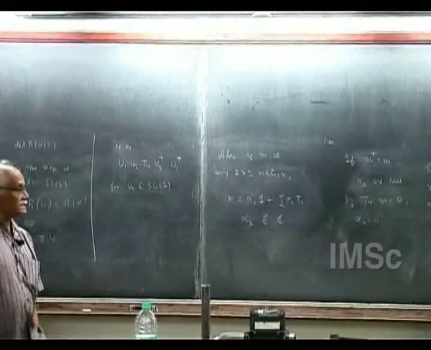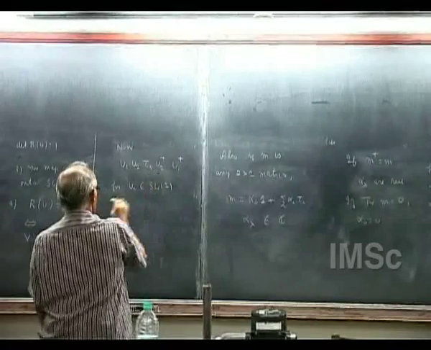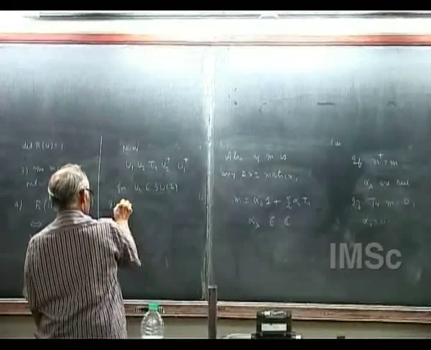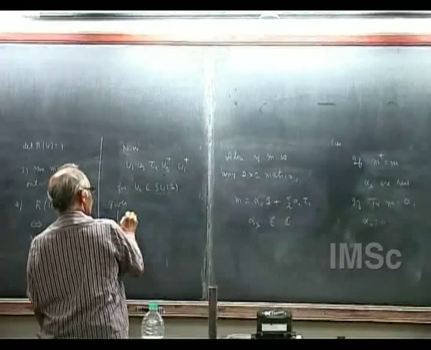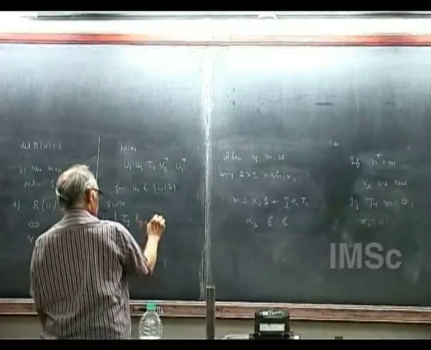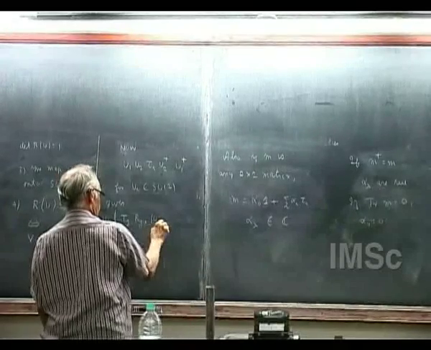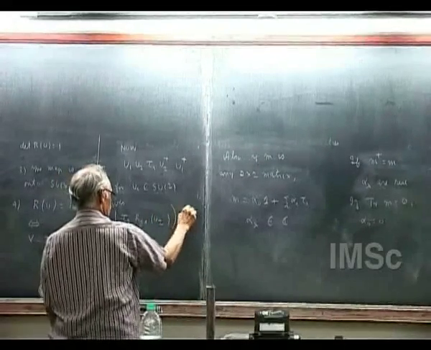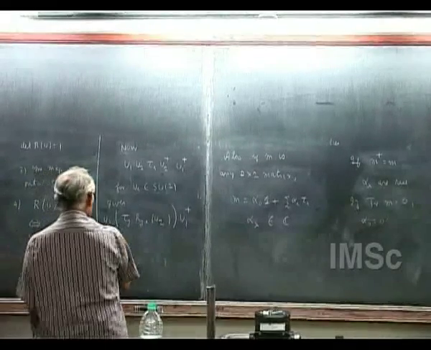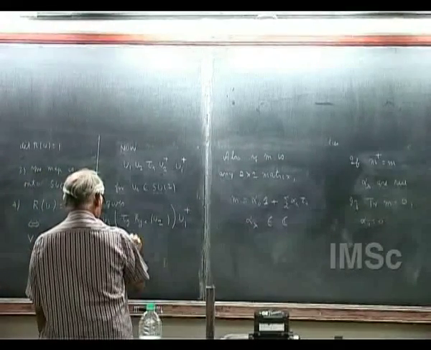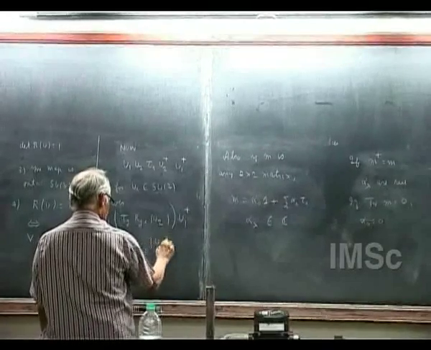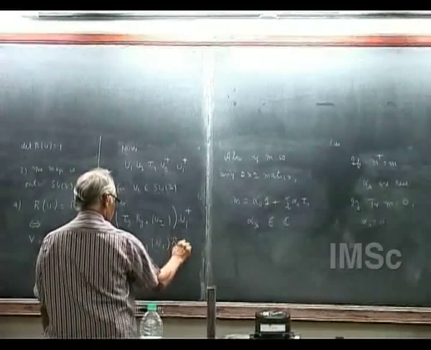I do it first successively. First I work this out. This gives U1 tau j R j i of U2 U1 dagger, and I apply it again. So it's tau k R k j of U1 R j i of U2.